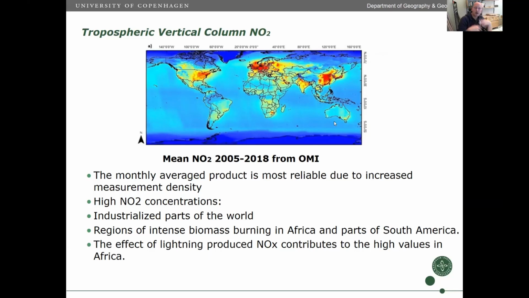And also when biomass is burned, some nitrogen dioxide is produced. So this is the reason for the high values here in Africa and South America, whereas these extremely large areas with high concentration are caused by us humans emitting nitrogen dioxide to the atmosphere.